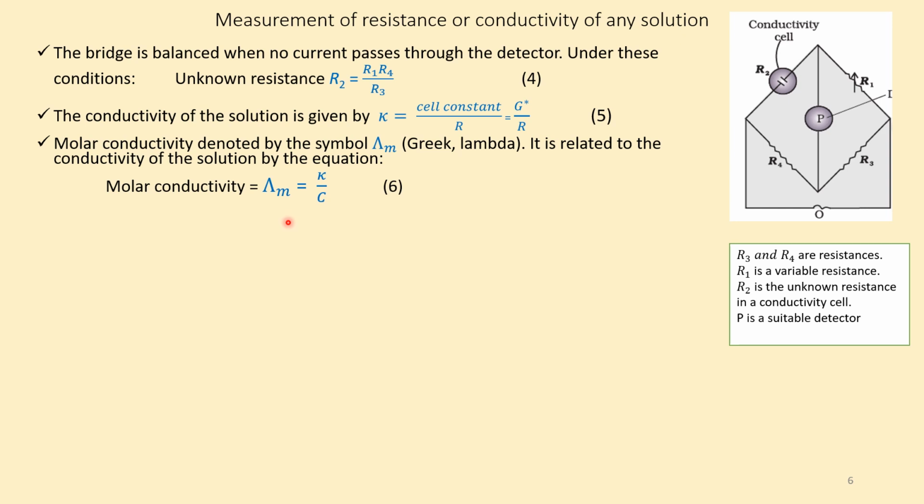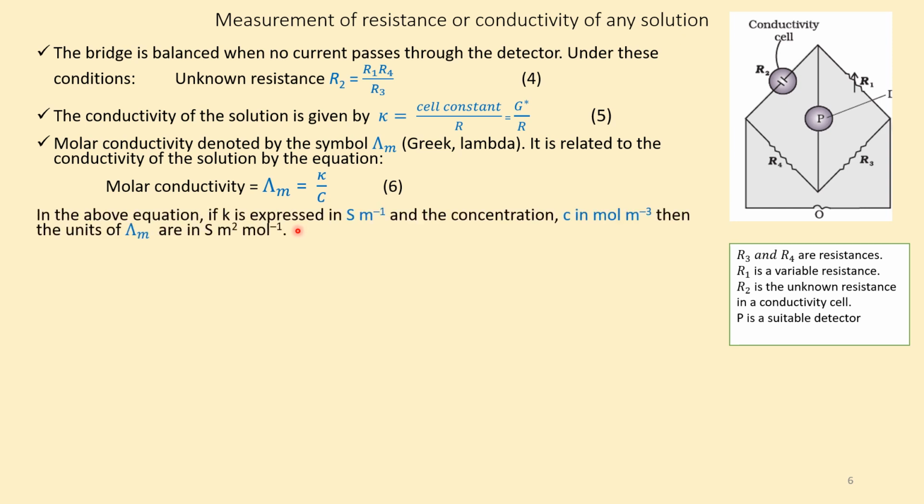If in this equation kappa is expressed in Siemens per meter and the concentration C is expressed in moles per meter cube, then the unit of lambda m is Siemens meter square per mole.